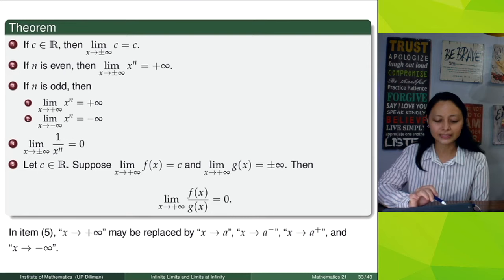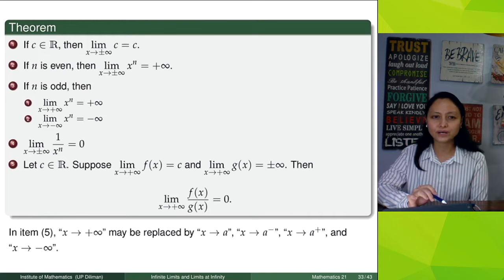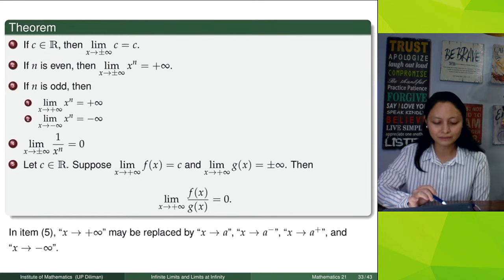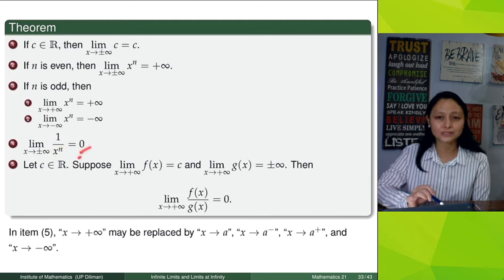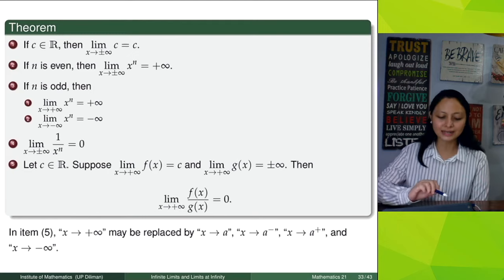And then ito, yun nga, useful tong part na to, the limit of 1 over x to the n as x approaches plus or minus infinity. Okay, 1 divided by a very, very big number, this is equal to 0. Okay, so pakitandaan yan ha.